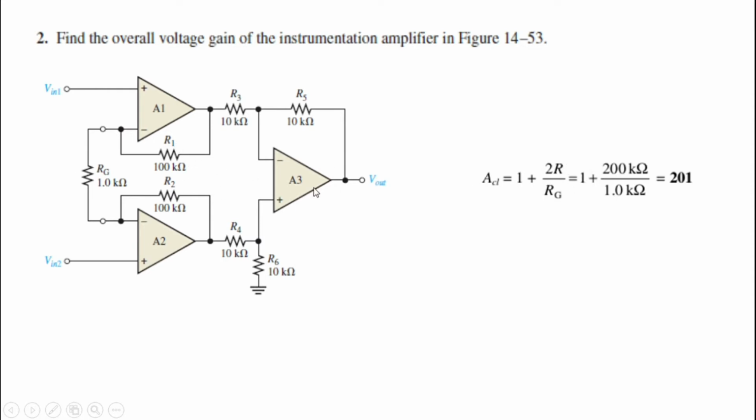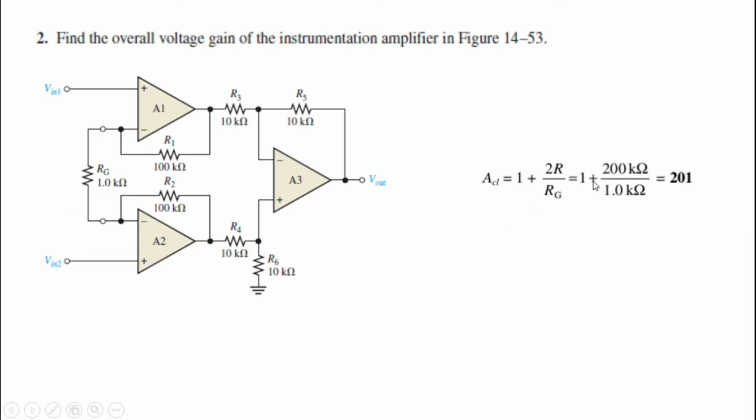If you directly substitute the values, you get 1 plus 2 times the R value, which is equivalent to R1 and R2, which is 100 kilo ohms. So 1 plus 2 times 100 kilo ohms upon RG, which is equal to 1 kilo ohm.